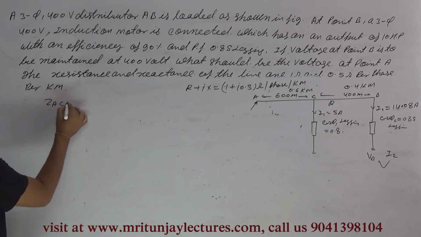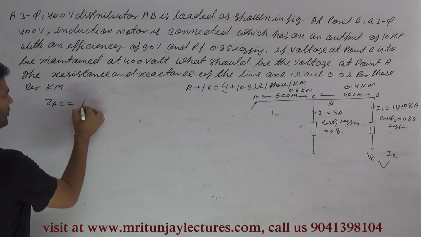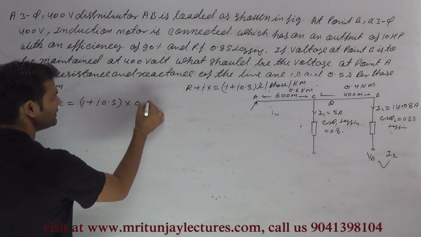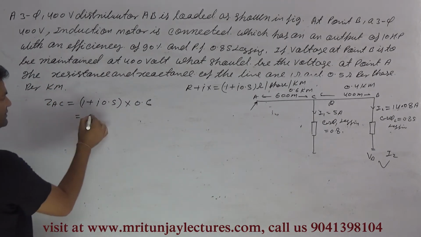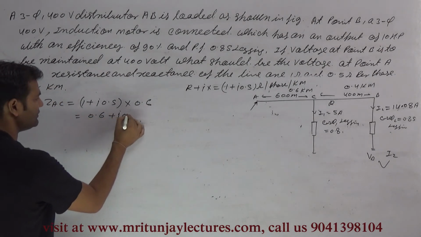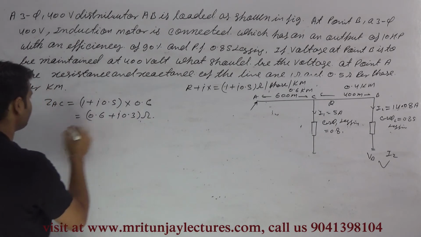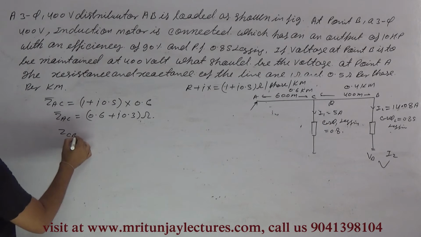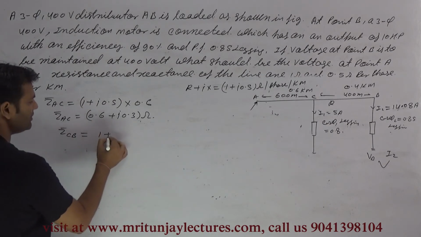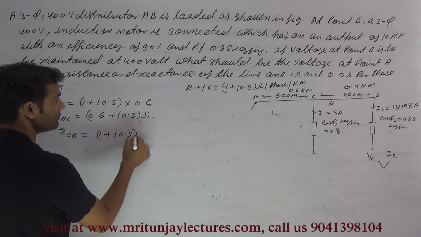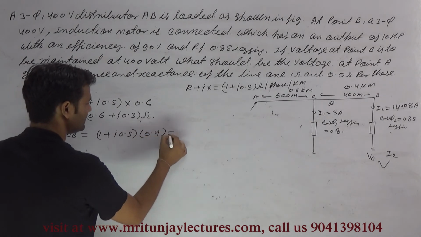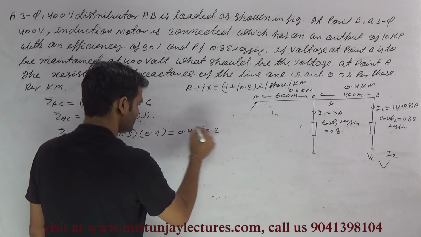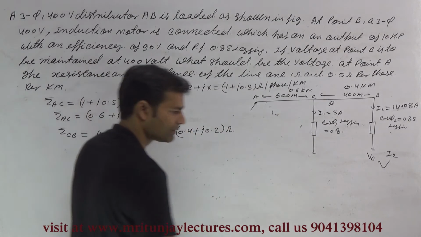Z of AC is equal to (1 + j0.5) into 0.6, which means 0.6 + j0.3 ohm. And Z of CB is written as (1 + j0.5) into 0.4, that is 0.4 + j0.2 ohm.